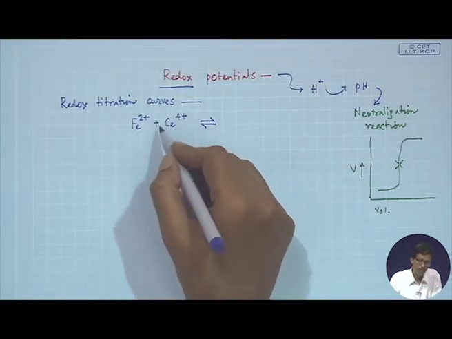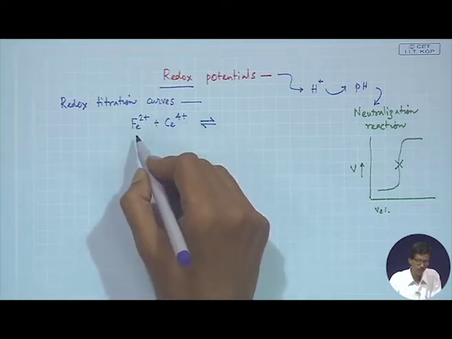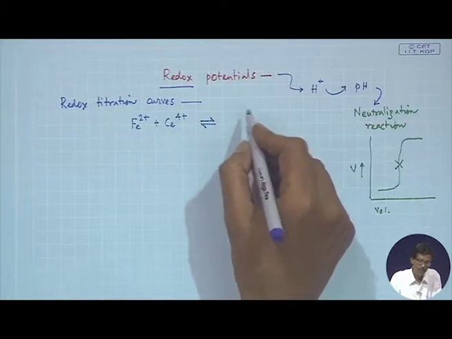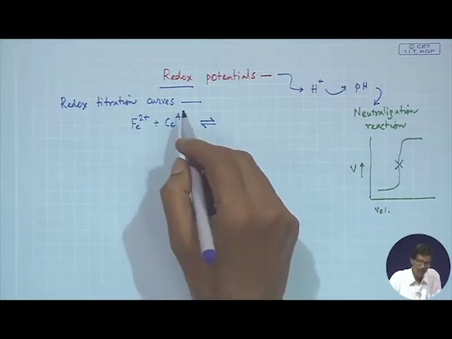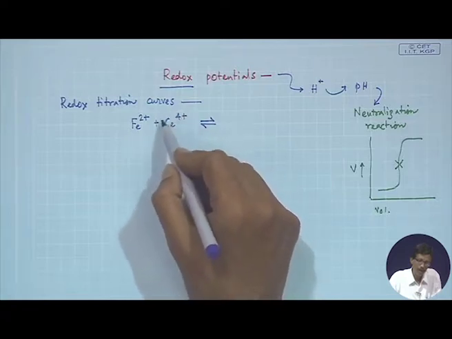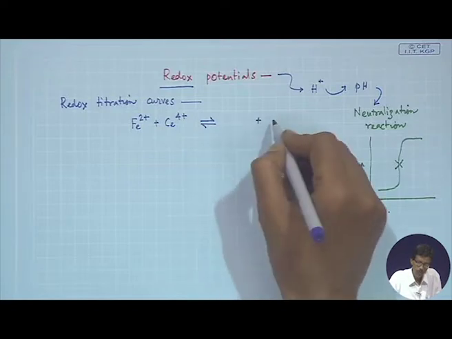So, similarly, if we have a standard solution of the ceric ion which can be used for the oxidation of ferrous ion, what sort of potential can we use, because this is the corresponding oxidizing agent. So, it will have a higher redox potential value compared to the other couples.